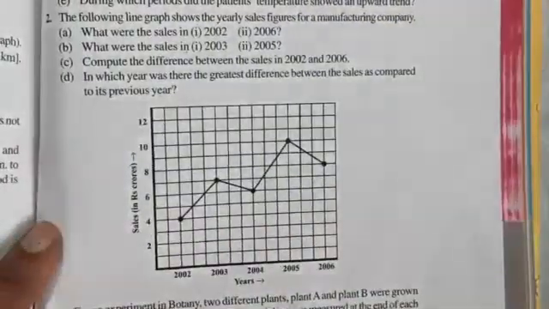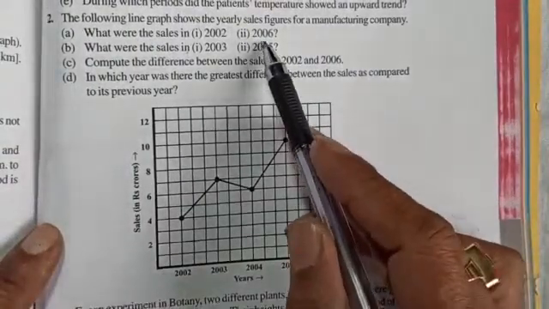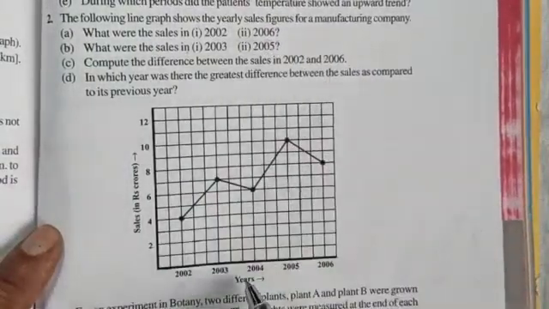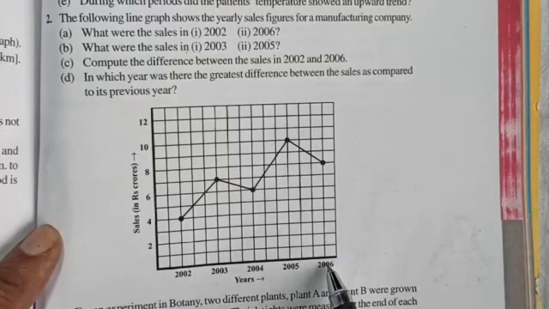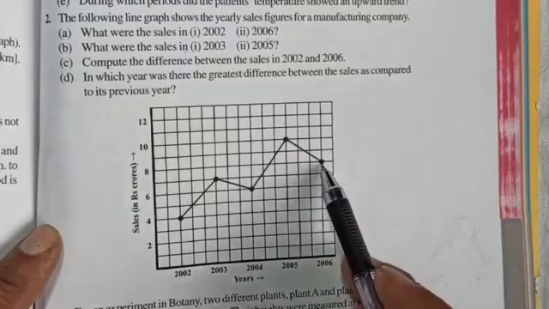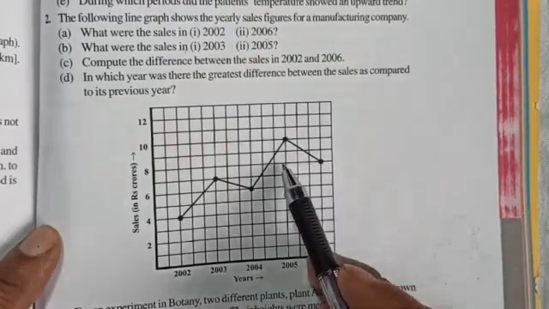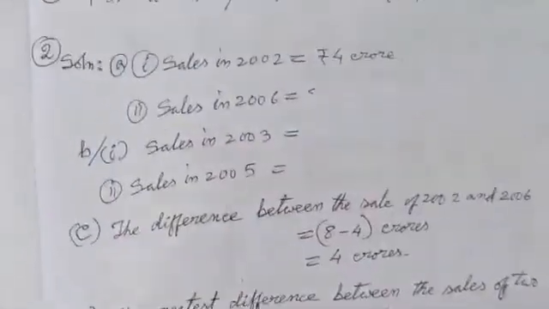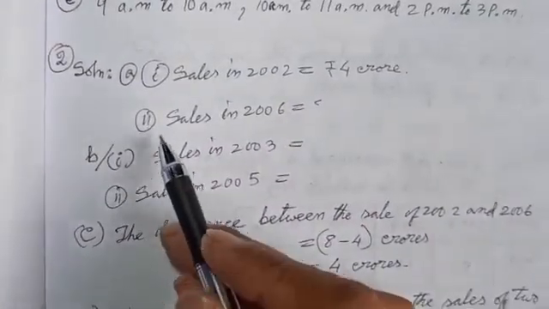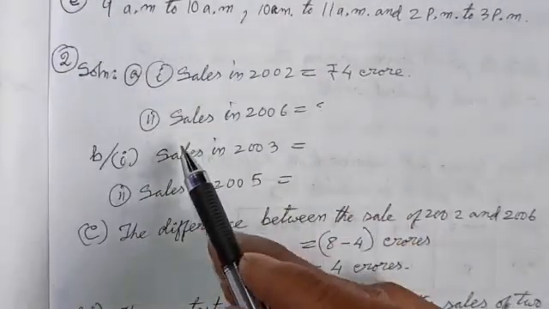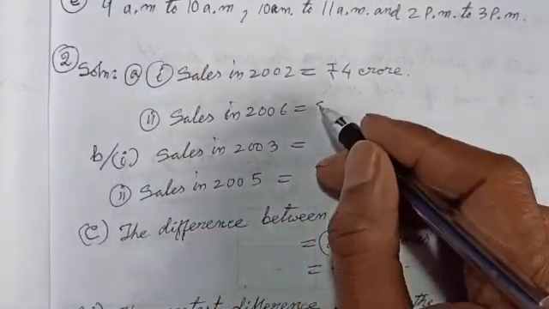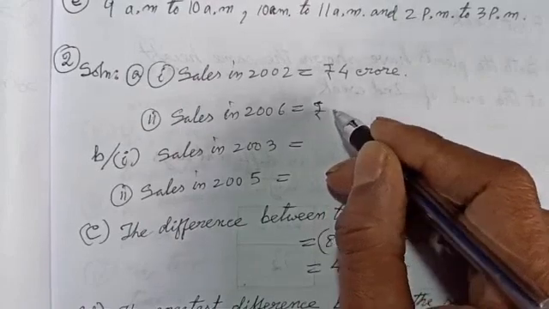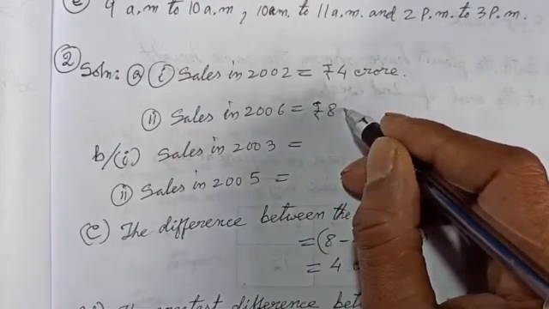Now (ii) 2006. So in 2006 the sales is this point. If we go this side, this is 8, so 8 crore. So (ii) sales in 2006 is equal to rupees 8 crore.